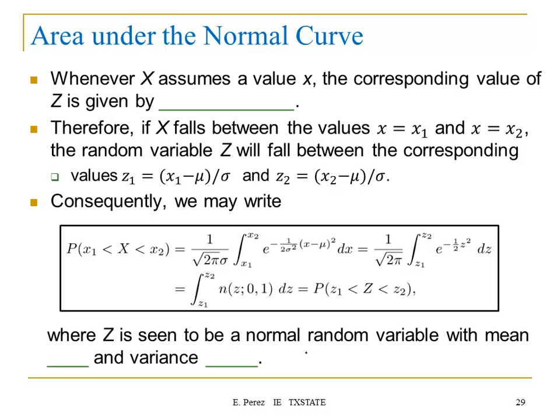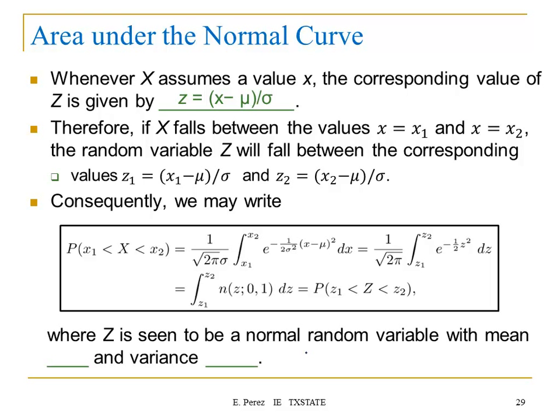Whenever x is a value of x, the corresponding value of z is given by this. It's coming from the previous slide. Therefore, if x falls between the values x1 and x2, the random variable z will fall between the corresponding values z1 and z2. So you're using the value x1 to find the transformation for x1, and the value x2 to find the transformation for x2. Correspondingly, you can go from here, which is the PDF of the normal, to here.